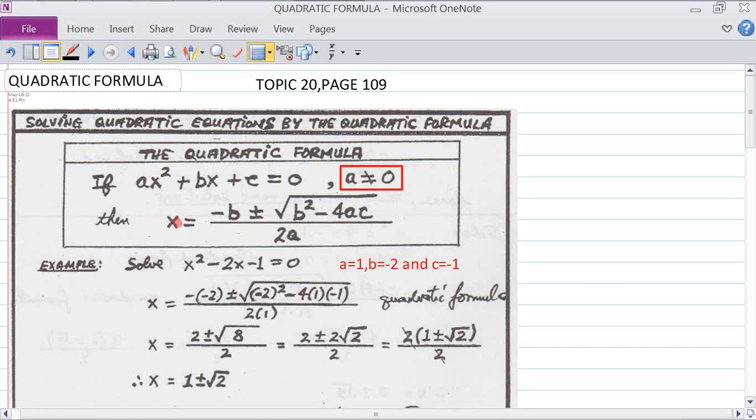So the formula for this is if we know a, we know b, and we know c, then we use minus b plus or minus the square root of b squared minus 4ac, over 2a, to calculate the values of x that make this equation equal to 0.